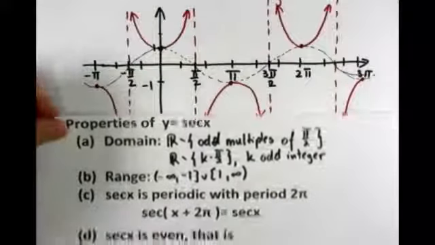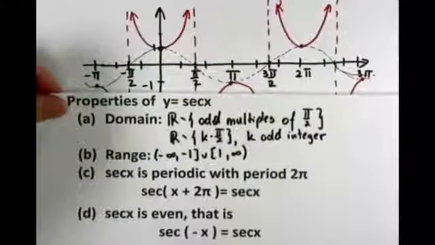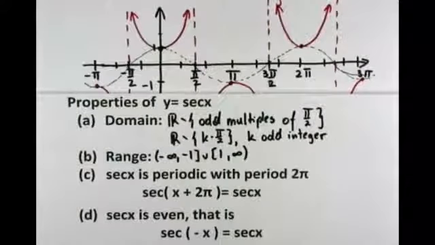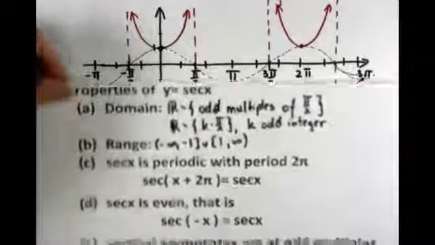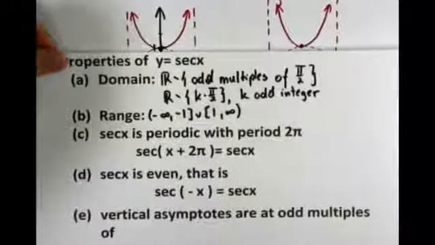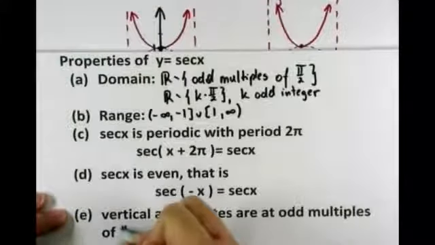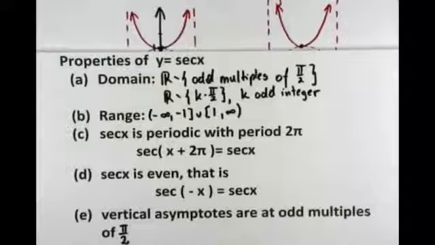So that means that the secant function is even, the same as cosine. Secant is 1 over cos, and cosine is even, so the function is even. That means secant of minus x is equal to secant x. And vertical asymptotes are at odd multiples of pi over 2.